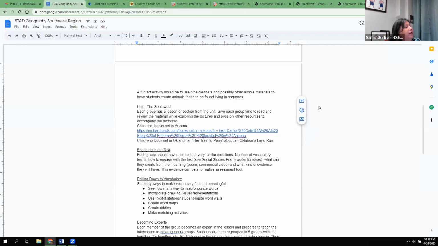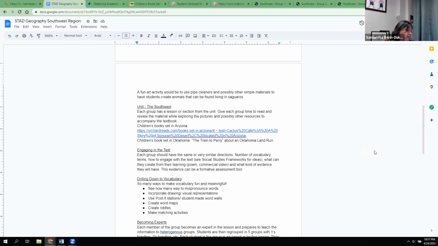Now, how are we going to have the students actually engage in the text? Because if we just tell them, okay, everybody read your chapter, shh, be quiet, that's not going to work very well for the most part. Some classes can do it, but most aren't going to do that unless they have something very specific that they know they're supposed to be doing.